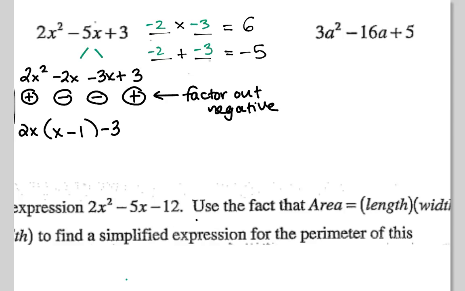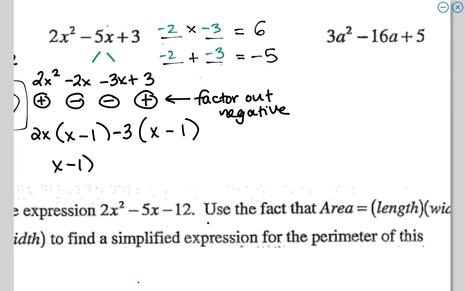And this is so important because when you factor out a negative, that term and that term will switch signs. When you divide by a negative, the signs will switch. That becomes positive, that becomes negative. And now these two binomials match. If you took out a positive 3, would they match? No, and then you wouldn't be able to do the next step. Alright, so factor out the binomial and you're left with 2x minus 3.